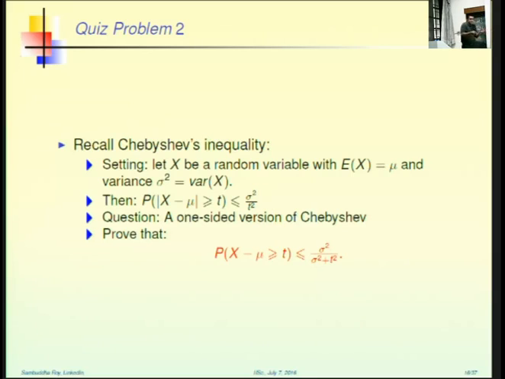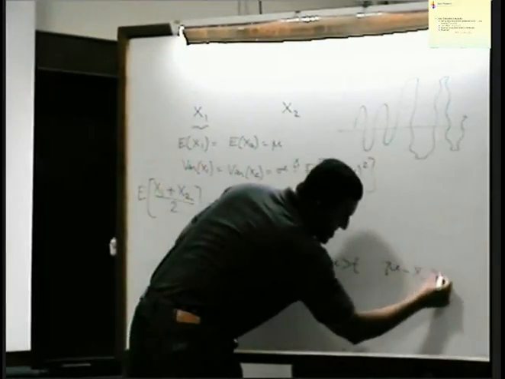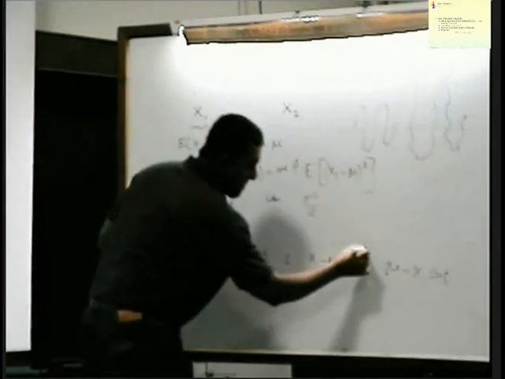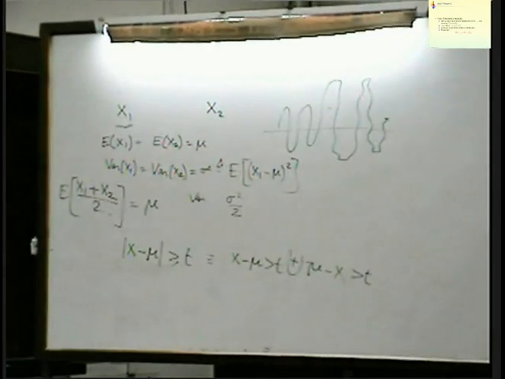This event, x minus mu greater than t, is essentially composed of the disjoint union of 2 events, x minus mu greater than t, or mu minus x greater than t, right? So it's unlikely that both of them will have equal probability mass. So therefore, surely I can't expect a statement like sigma squared by 2t squared.